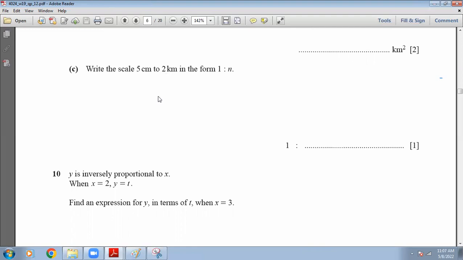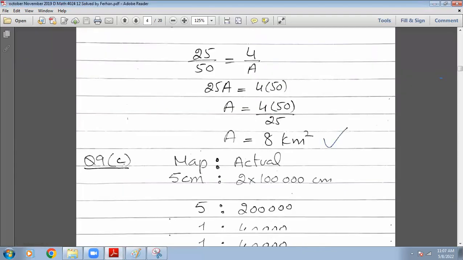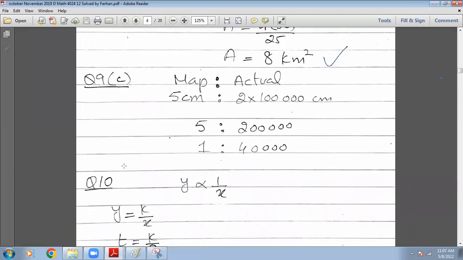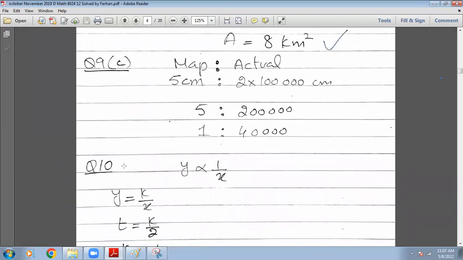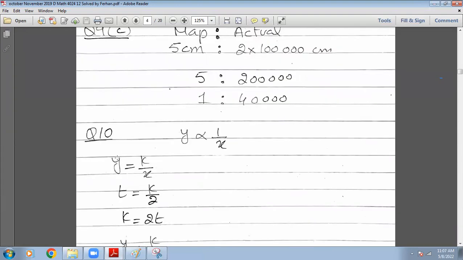I converted the 2 kilometers into centimeters, and in one kilometer there are 100,000 centimeters. So 5 centimeters ratio 200,000 centimeters. Divide both sides by 5, you get 1 ratio 40,000. We have already checked our answers, and they are good.